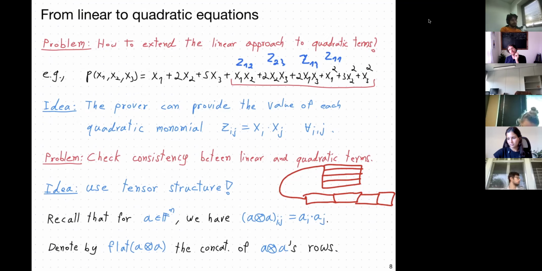In a sense, the prover specifies all of the linear terms and all of the quadratic terms, and then we check that this matrix of all quadratic terms is indeed consistent with the linear terms, and then run the whole thing. The tensor structure just enables us to do it in a convenient and efficient way. Okay, got it. Thanks.